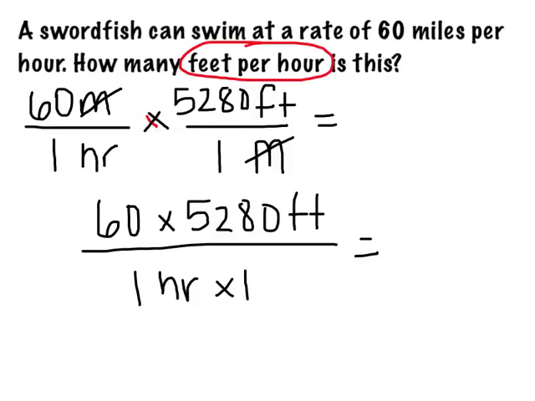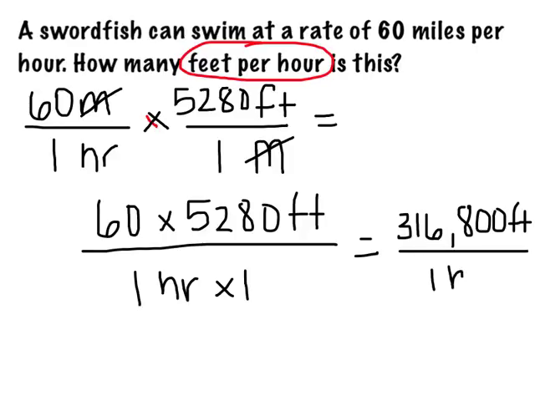When I multiply 60 times 5,280, I get 316,800 feet. And 1 hour times 1 is still 1 hour. Did I answer the question of feet per hour? 316,800 feet in 1 hour. Yes, I did.